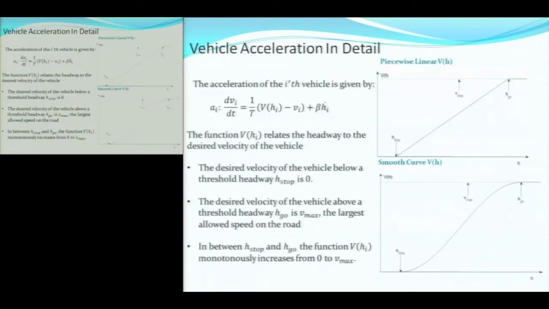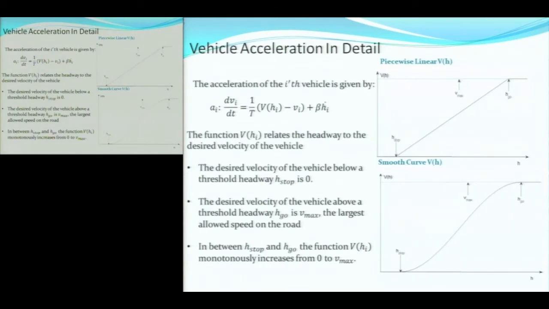The V of h in detail is the optimal velocity function, and it states that if a driver sees a given headway or a given distance in front of him, he will travel at a certain desired velocity. So for each distance, there's a given velocity. At a lower threshold, h stop, if a driver has headways below that threshold, then he would tend to stop the vehicle and the desired velocity is 0.